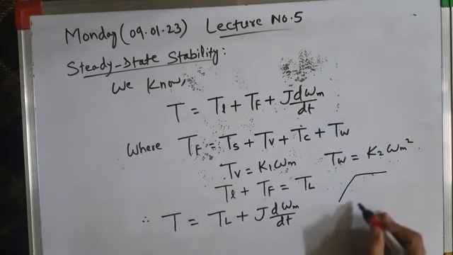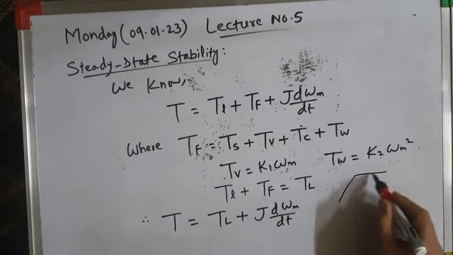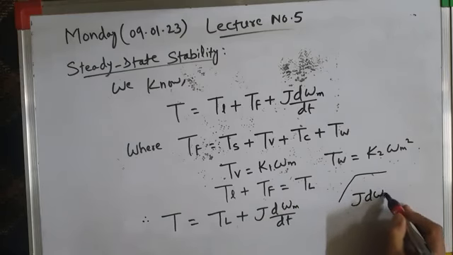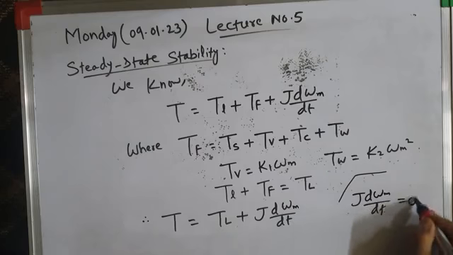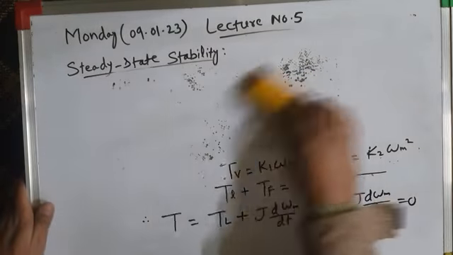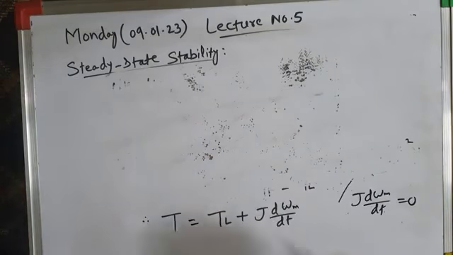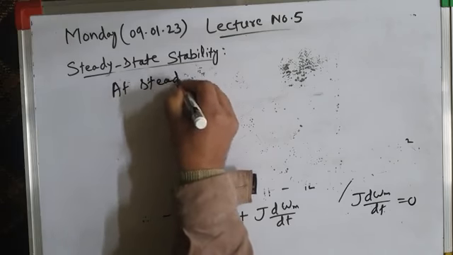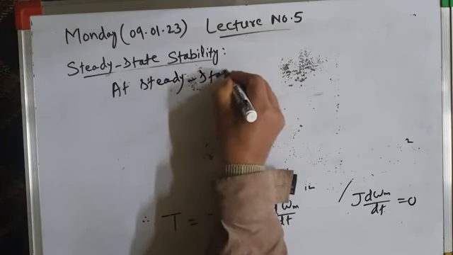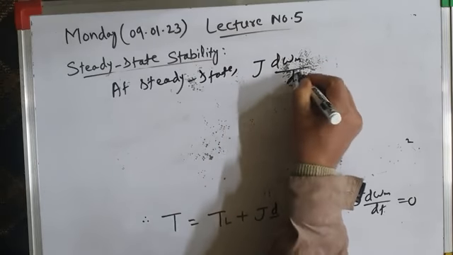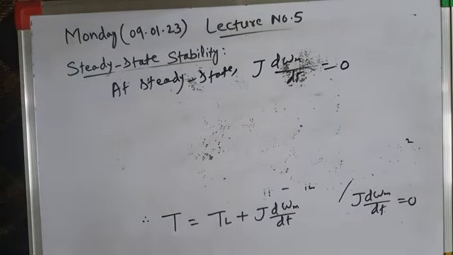So when omega m in the steady state conditions is constant, J d omega m by dt is equal to 0. So we can write that at steady state, J d omega m by dt, that is the inertial torque, is equal to 0.